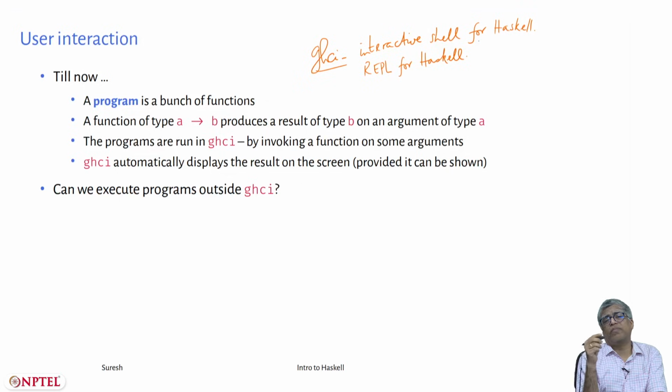Rather, there are many situations in which you want to just execute programs directly. If you are building a product for some other client to use, then you wouldn't ask the client to load up GHCI and load your programs.